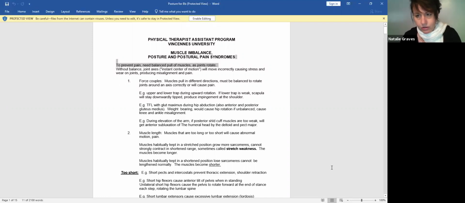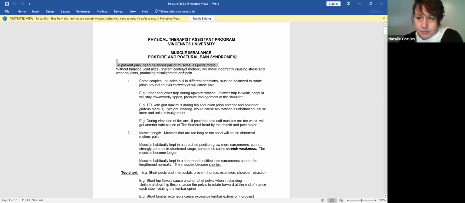And instead of having you purchase her hardback textbook, which is quite expensive, we have taken information from there and put it in our handouts here. So the first concept that we want to review is to prevent pain, there needs to be a balance of muscle pulls around the joint so that the joint rotates about that particular axis.